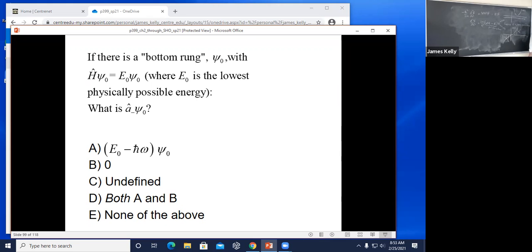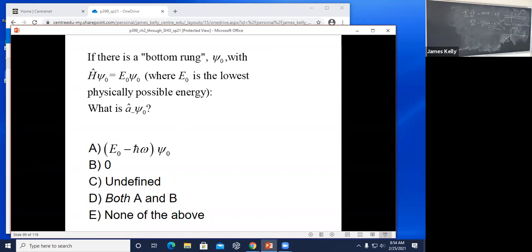Then A minus times psi 0 is equal to 0, and if I apply H to A minus psi, that's still going to be 0. When you apply any operator to the 0 function, you're always going to get the 0 function back again. That's true for all linear operators. That's 0. But hey, can't I write 0 as E minus h bar omega times 0 again?